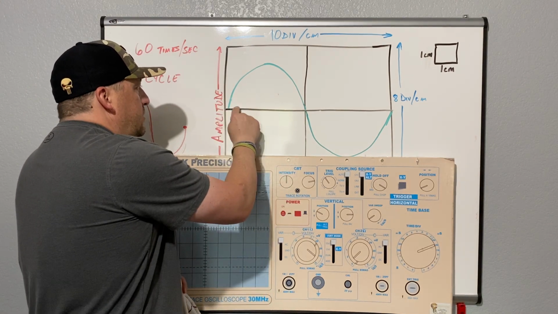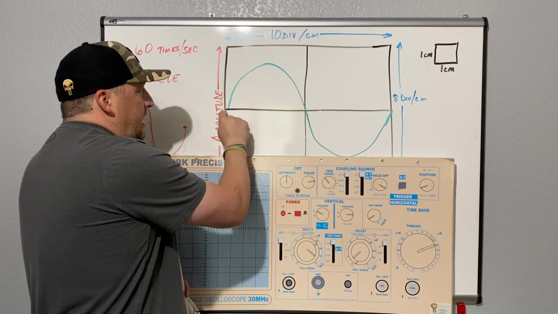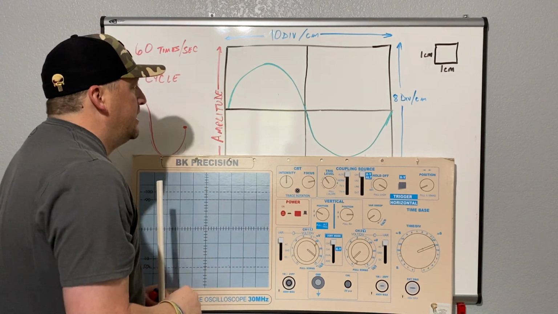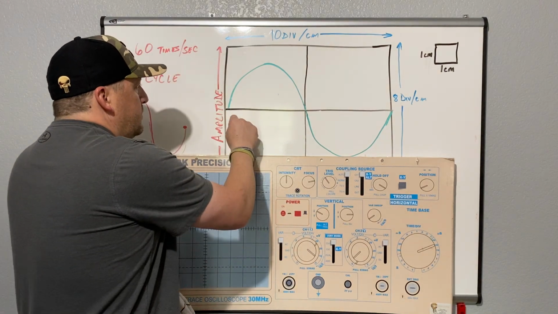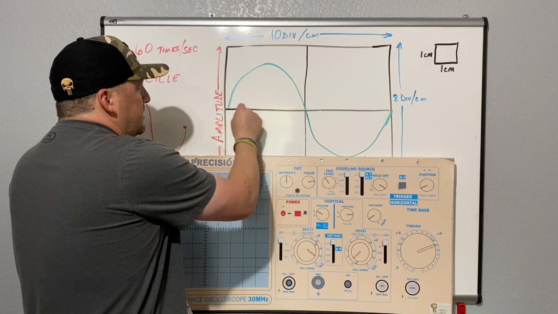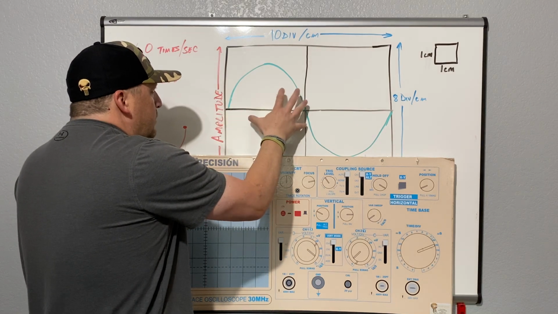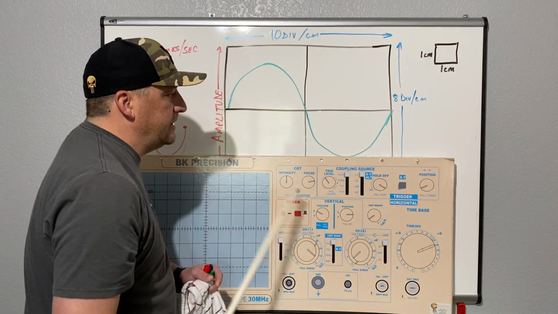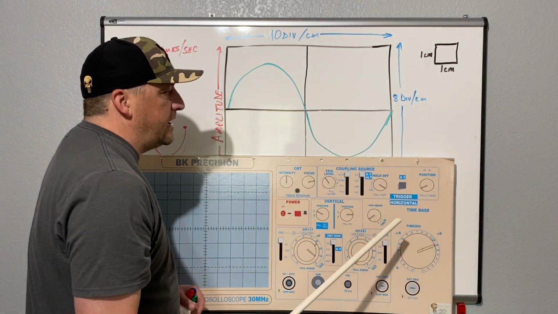So you want it to start, if you can, at the 0 point here. This middle line is your 0 line. So that's just an adjustment as to where you want the oscilloscope to start seeing the trace and then pick it up so that you can see it on your screen. Hold off, don't worry about that.